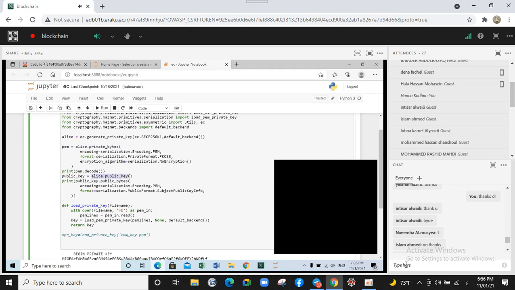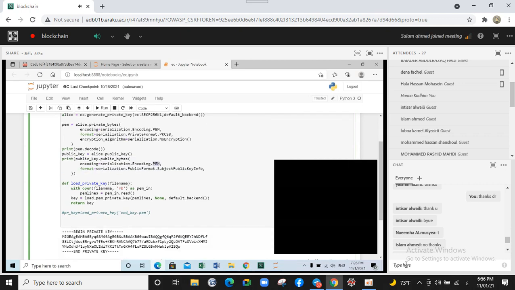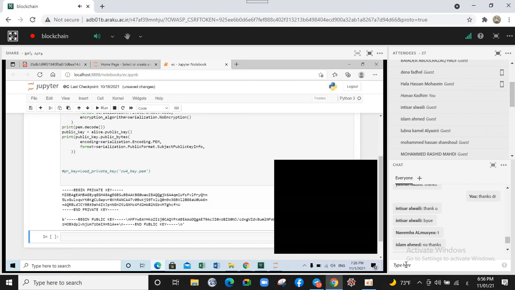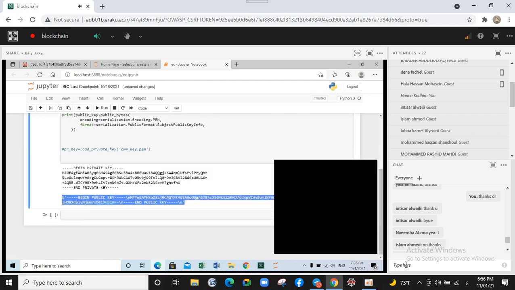So this command generates the public key from the private key. Again, using this command, we serialize the public key and print out the format. So you can ignore this part. If I run this program, this is the private and public key.